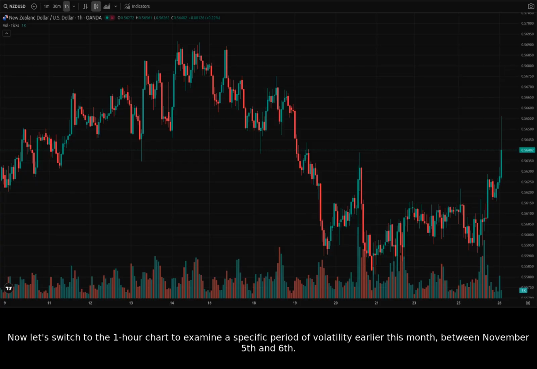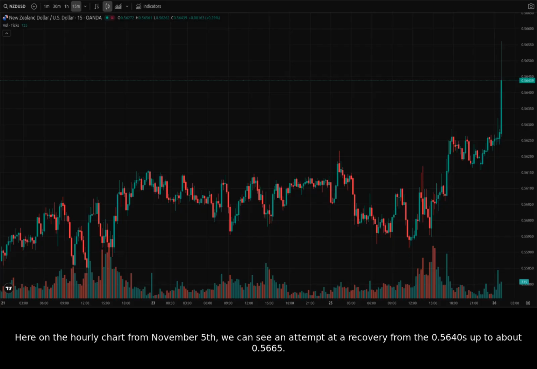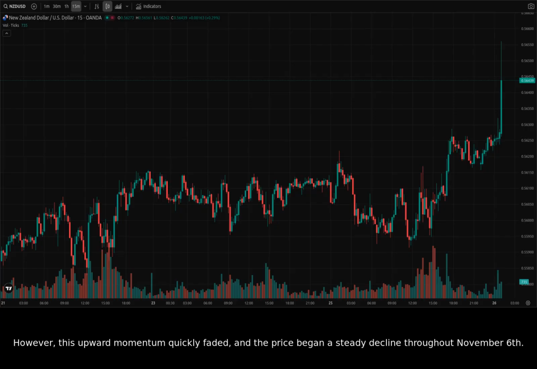Now let's switch to the 1-hour chart to examine a specific period of volatility earlier this month, between November 5th and 6th. Here on the hourly chart from November 5th, we can see an attempt at a recovery from the 0.5640s up to about 0.5665. However, this upward momentum quickly faded, and the price began a steady decline throughout November 6th.